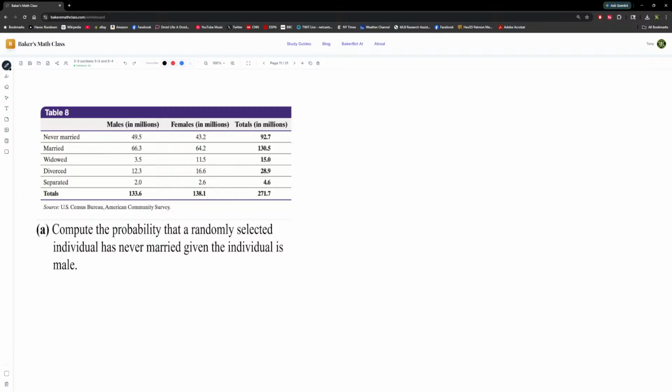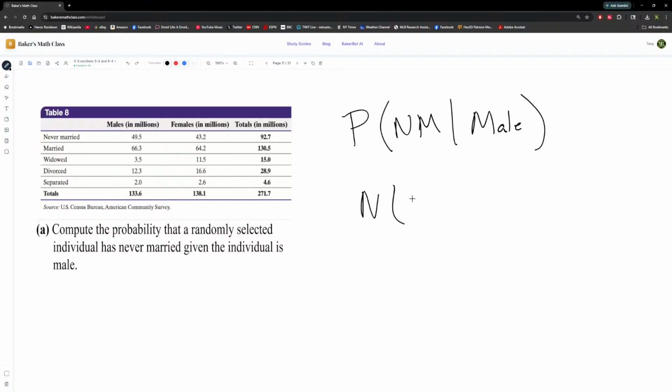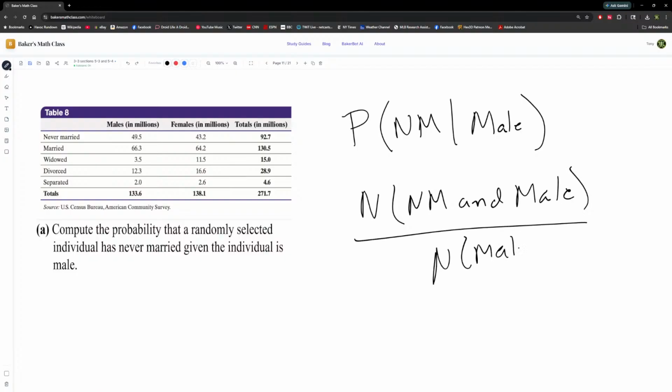All right, if we look at this one, we're going to compute the probability that a randomly selected individual has never married, given the individual is male. So this is the probability of never married given male. Remember the formula was the number of never married and male over the number of male.